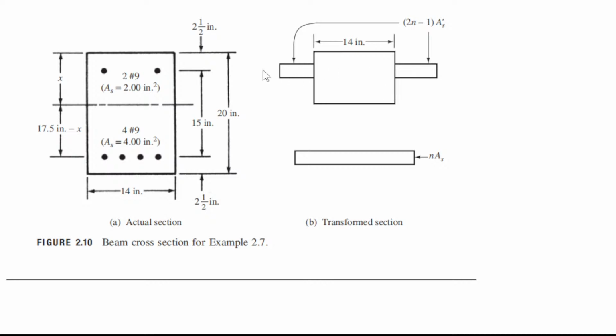Here you will notice this is 2.5 inches. So the distance from the center of the top bar reinforcement to the neutral axis is x minus 2.5.